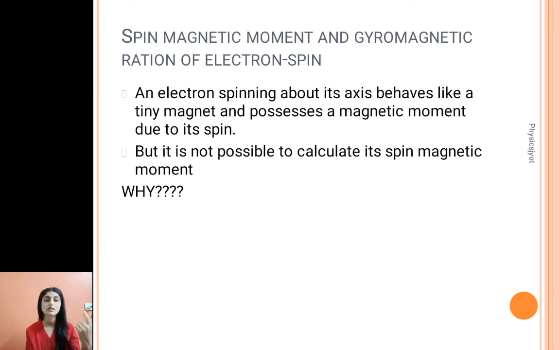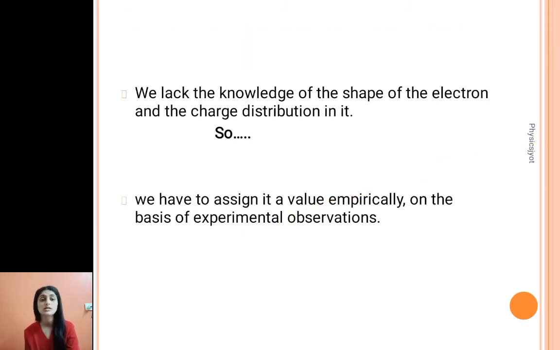It has an orbital magnetic moment because of the orbital motion, and we have calculated the value of the orbital magnetic moment. But in a similar way, we cannot calculate the value of the spin magnetic moment. Why is it so? Because we lack knowledge of the shape of the electron and the charge distribution in it.